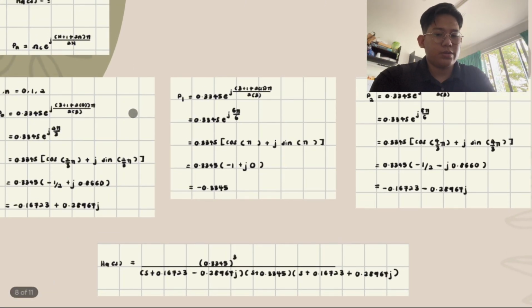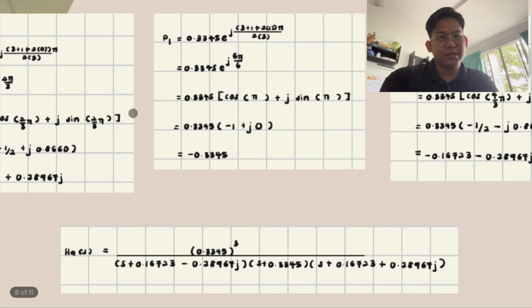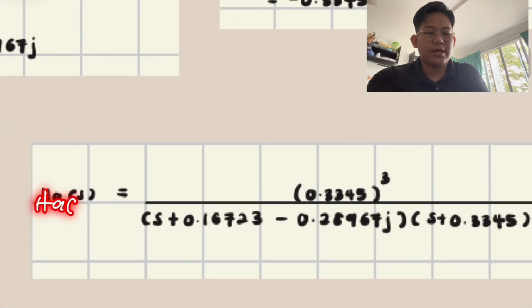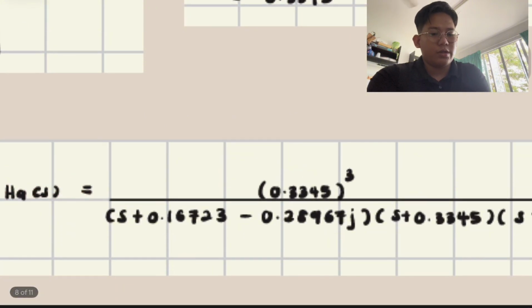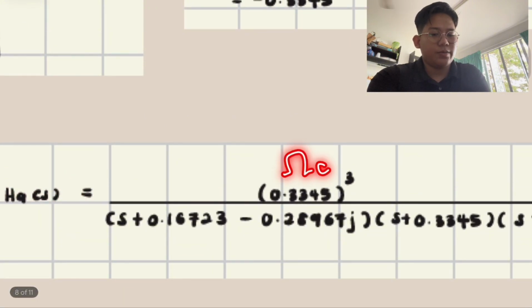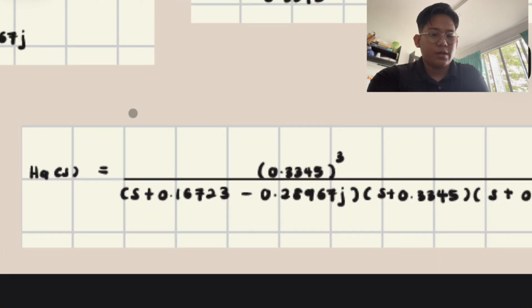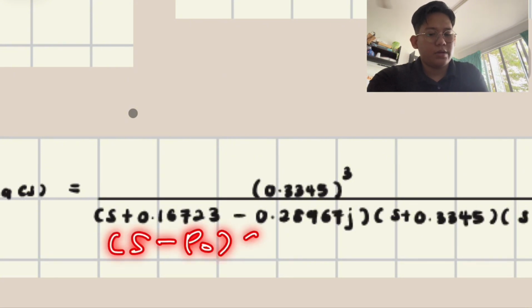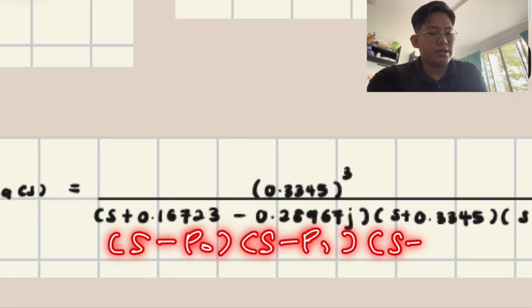And the last one, we need to synthesize the system where H(s) equals omega c to the power of 3, or cube, over (s minus P0)(s minus P1)(s minus P2).